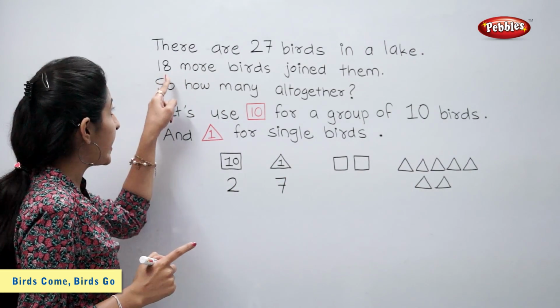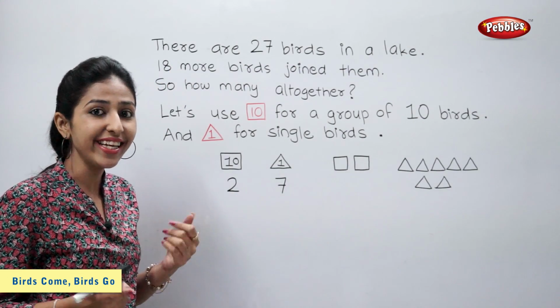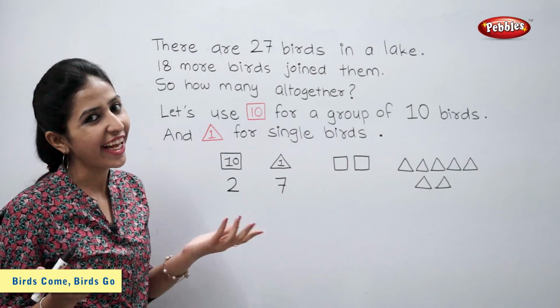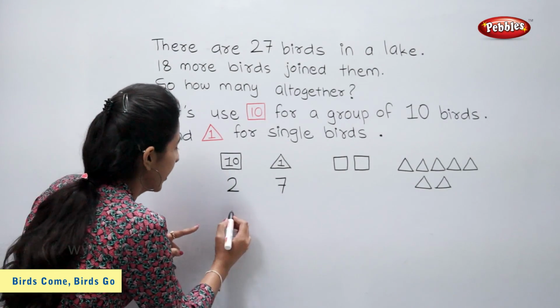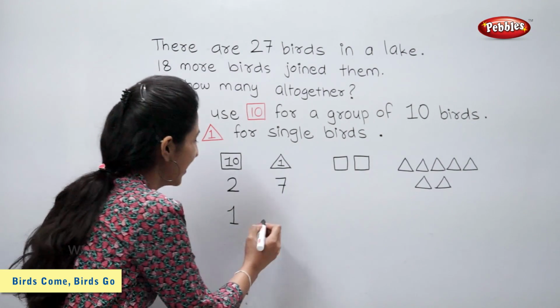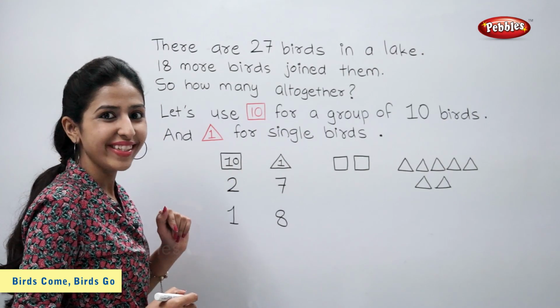Now 18 more birds join them. So let's write 18. 18 means 1 tens and 8 ones. 1 tens, 8 ones.